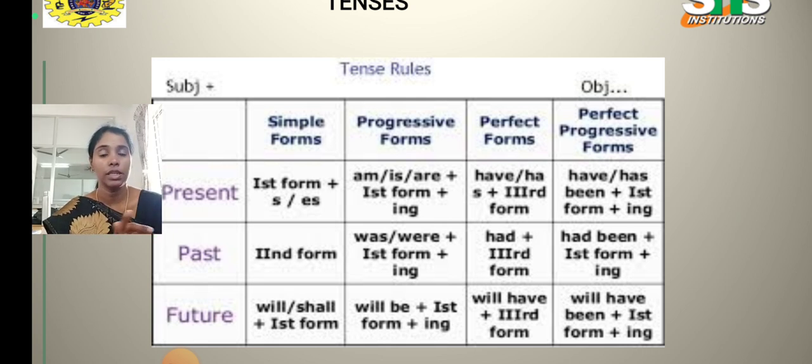So this is a simple way to understand tenses. You will not have any confusion when you write something that expresses past, present, or future tense. The verbs we use here are very simple. We are using three kinds of verb: the be verb, the have verb, and will or shall, which is used only in the future tense.